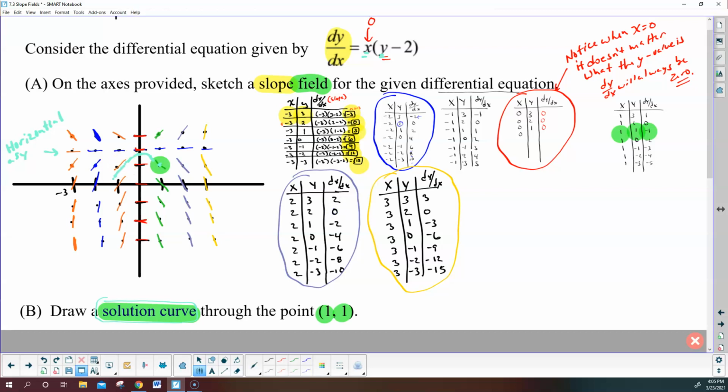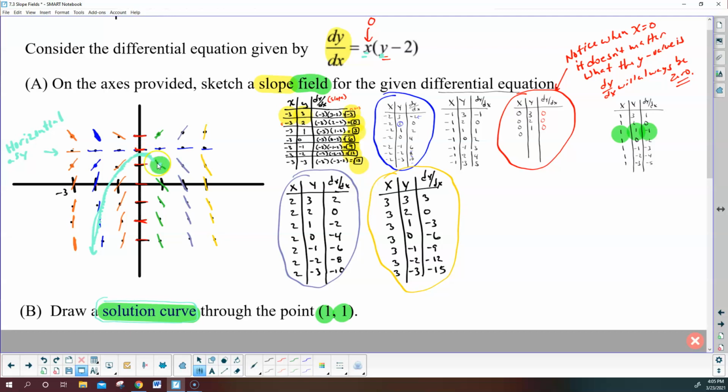So what we want to do is estimate the solution curves. Notice how I'm not connecting dots, right? We are not connecting a point to a point. We're following what we think the solution curve might look like. So it's going to go up here. Why? Because all of these are positive slopes. So it's going to have positive slopes going up, and then it's going to have a 0 slope when it crosses x equals 0.